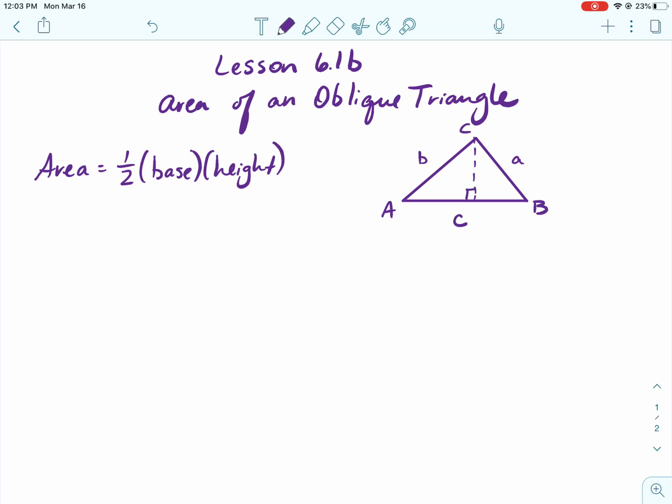Alright, so for this triangle, if I'm going to bring an altitude down, where that's a right angle, that's going to be the height of the triangle. The way I've brought that altitude down, the base is going to be this side, which is side C. Alright, and then if I wanted to represent that height, I could use right triangle trigonometry.